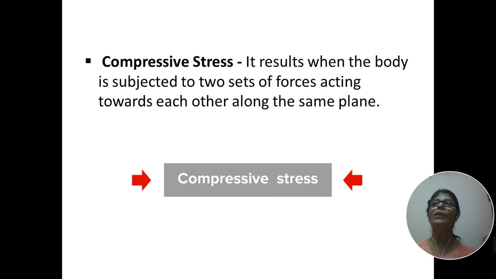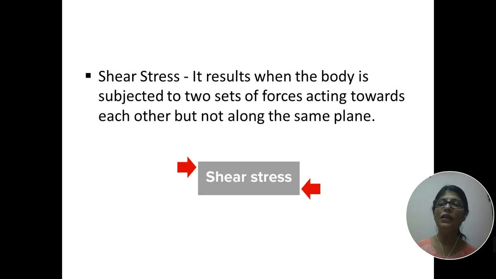That is when you are compressing something. The inside force which is resisting this compression is compressive stress. And the third one is shear stress. It results when the body is subjected to two sets of forces acting towards each other but not along the same plane. That is, you are sliding something. So that is shear stress.